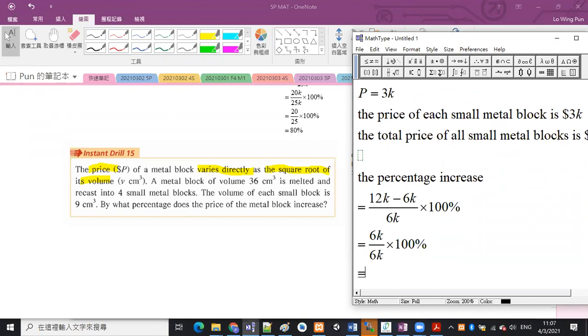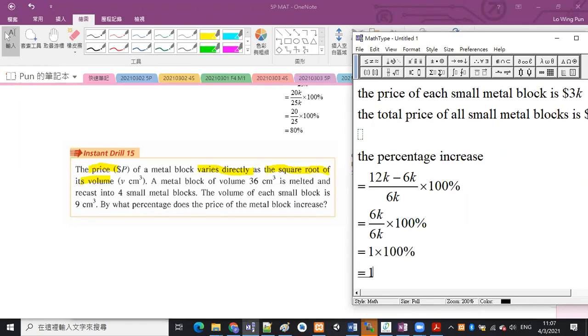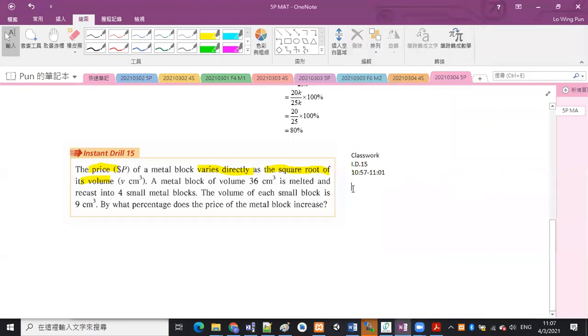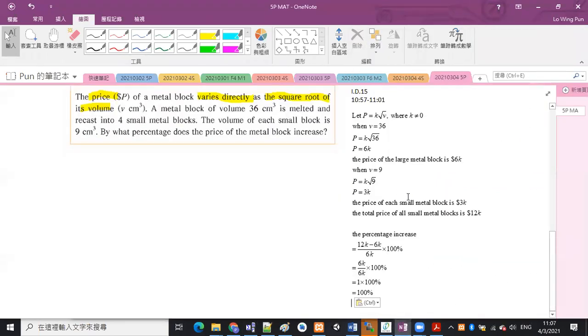And luckily, the 6K and 6K are exactly the same, so we can cancel out the terms completely. Becomes 1 times 100%. That is 100%. That is the answer. Okay, so it is increased by 100%.